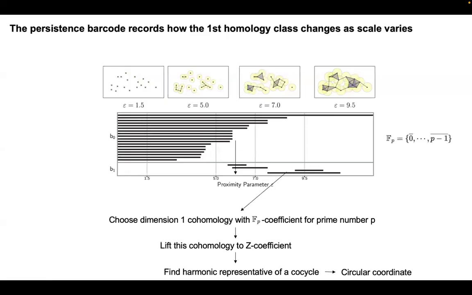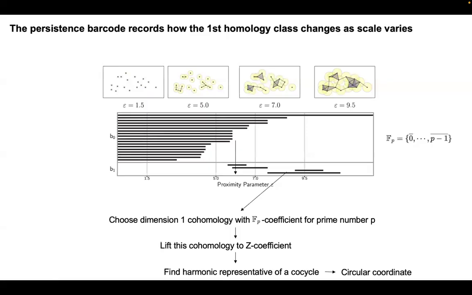Yeah. And it seems like B sub 1 contains different barcodes corresponding to triangles, which are two-simplices. Yeah. Right? But why don't we have barcodes corresponding to one-simplices, like a line segment?